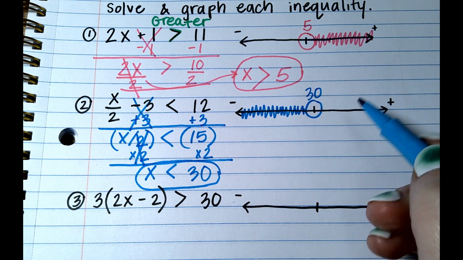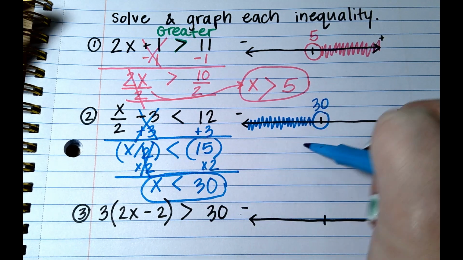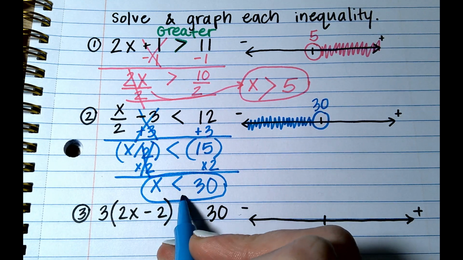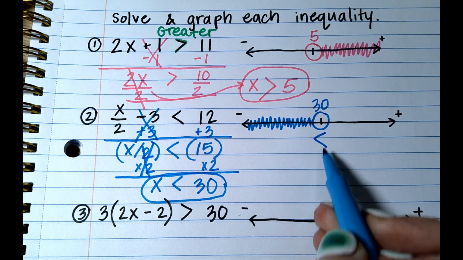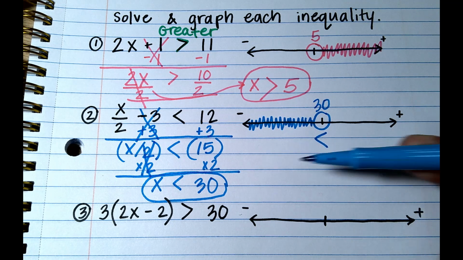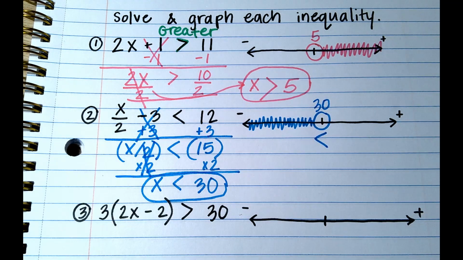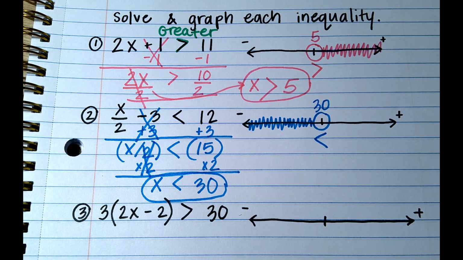And remember, the best trick that I like to teach is just draw the less than sign next to the number that you just did. Since it's pointing that way, we shade that way. Same with greater than. My greater than symbol points towards the plus. So you're just going to shade in that direction. Okay, you guys got that?